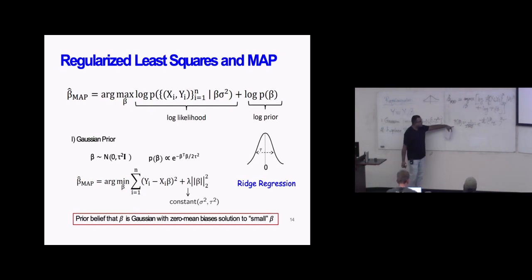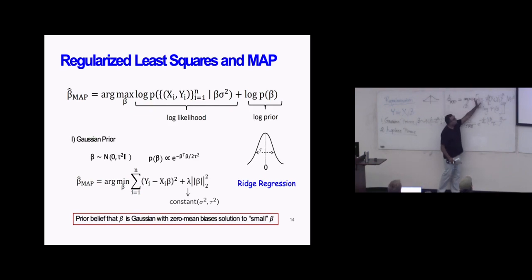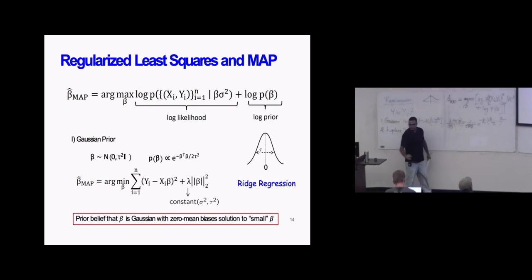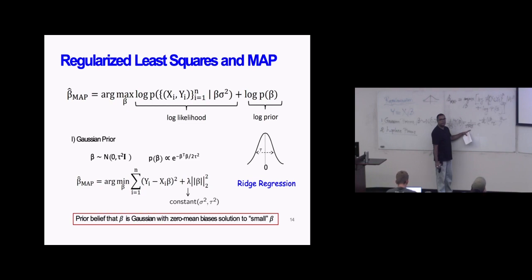Now, if we want to maximize this, we just want to take a derivative with respect to what? Beta. And because we have already solved the first part, likelihood, we just need to solve for this part. So for taking a derivative with respect to beta, what can we get rid of? Can we get rid of this? Yes.